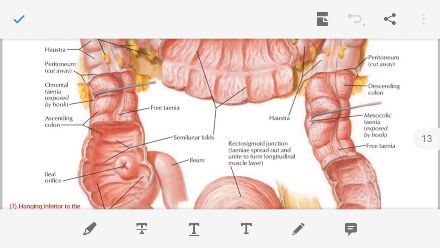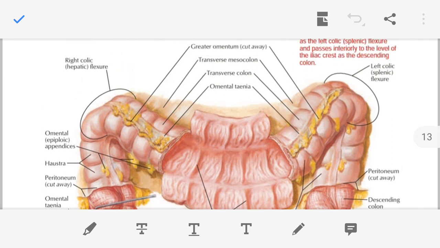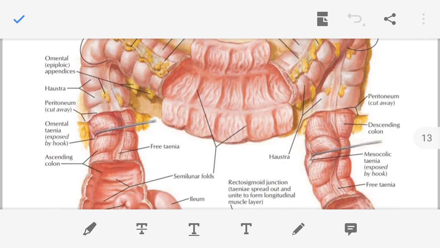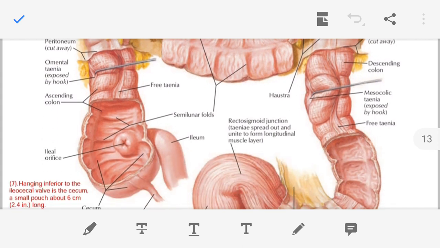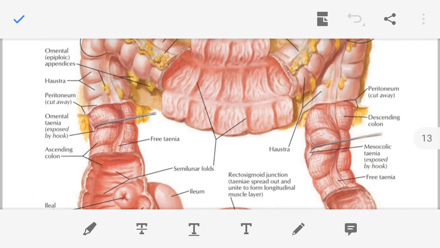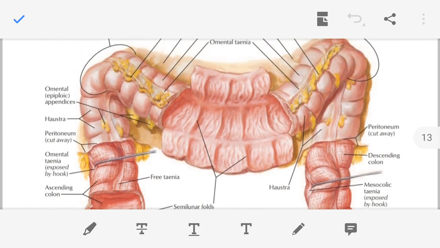Now in the anatomy lecture I had shown you this figure, and that time I also told you to try to remember all the names. If you have gone through all the names, you have the idea where the taenia is present. Now can you find the taenia coli in this figure? Try to find the taenia coli.